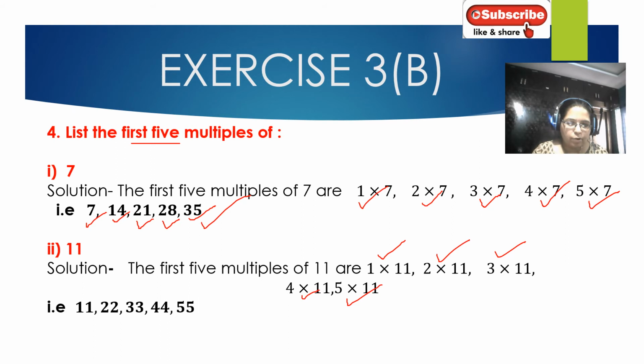So 1 multiplied with 11 is 11, 2 multiplied with 11 is 22, 3 multiplied with 11 is 33, 4 multiplied with 11 is 44 and 5 multiplied with 11 is 55. So the first 5 multiples of 11 are 11, 22, 33, 44 and 55.